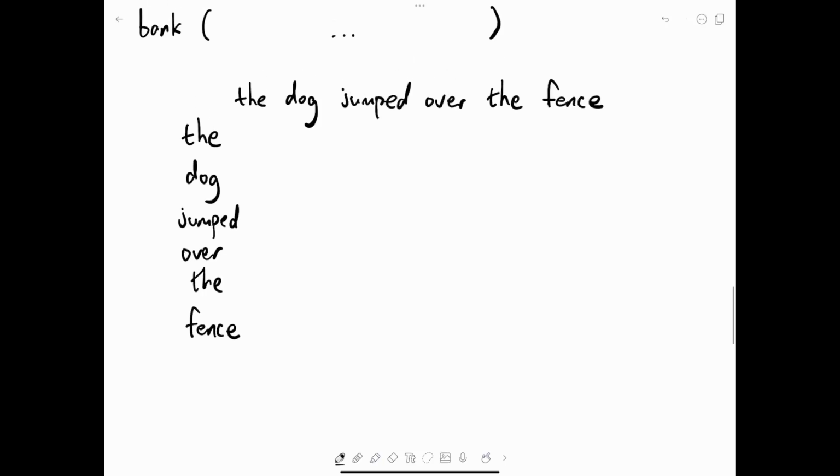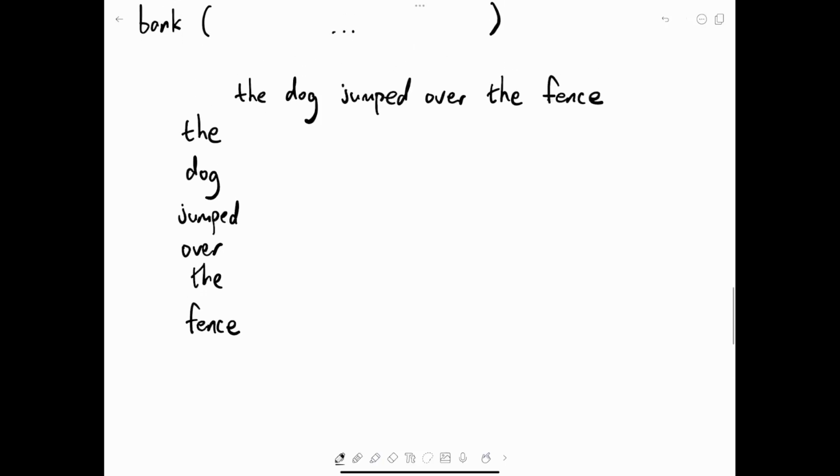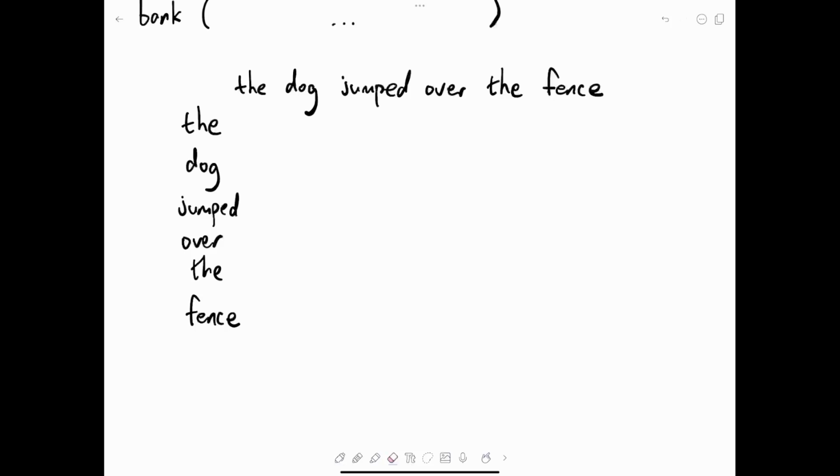And we'll create what's called an attention matrix, a self-attention matrix. And along the diagonal might be some value, like let's just say 0.1 or something like that.